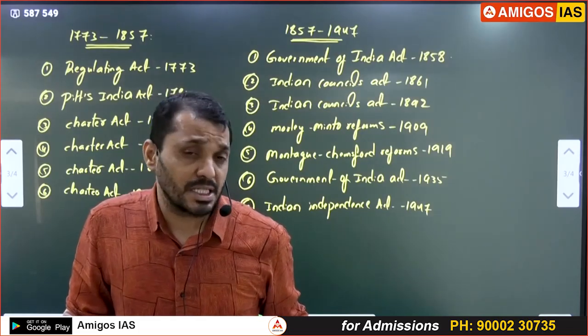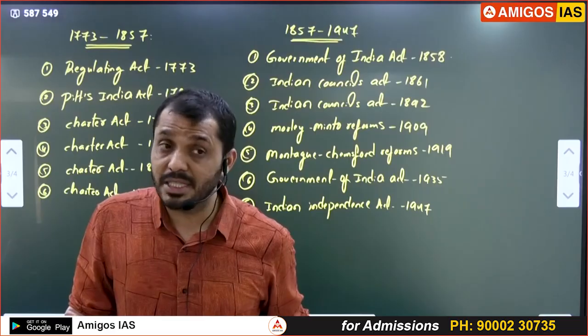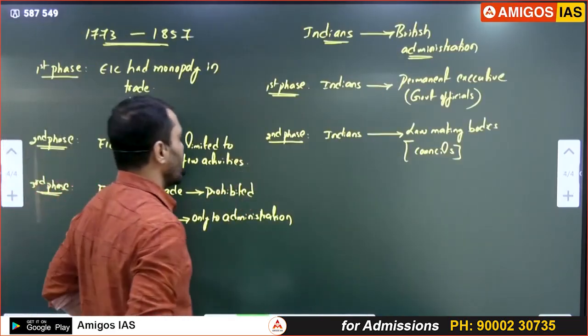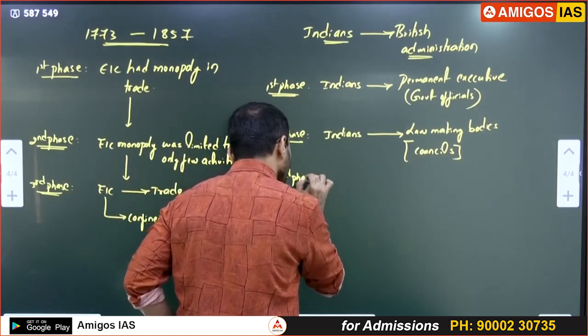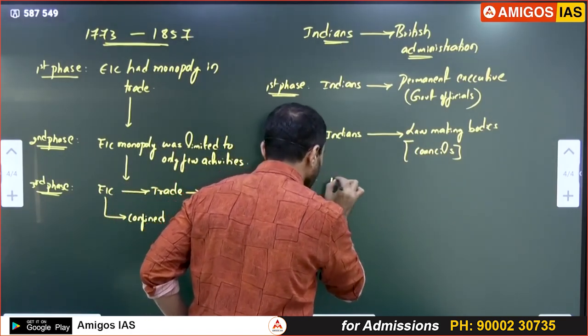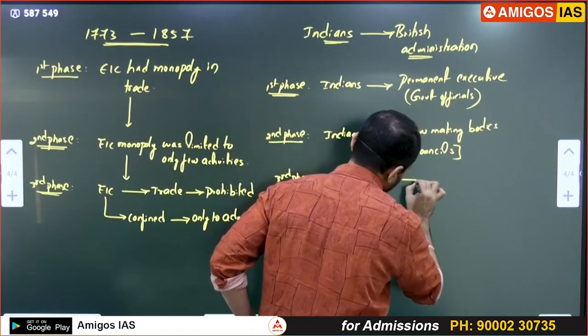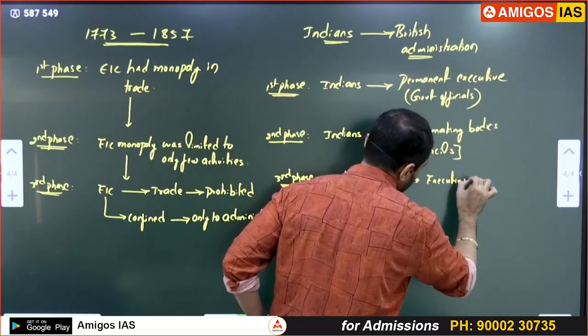In the polity basics class, I told you that executives are of two types, temporary executive and permanent executive. Permanent executive are government officials. Who are the temporary executive? Ministers. And finally, in the third phase, Indians got an opportunity in the executive council.